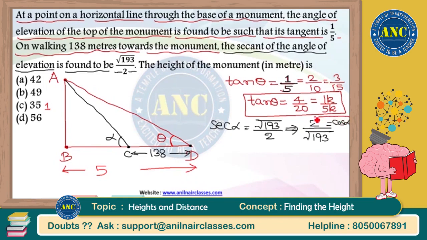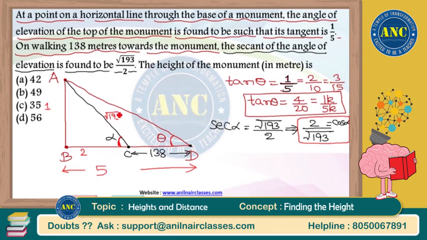Similarly, cosine of angle alpha, cos alpha is nothing but adjacent by hypotenuse. For this alpha, adjacent side is nothing but how much? It is 2 units. Hypotenuse is nothing but how much? It is root 193 units, right?